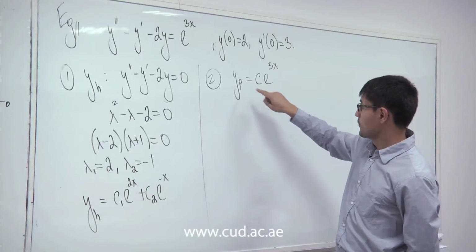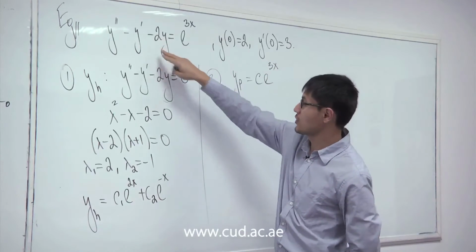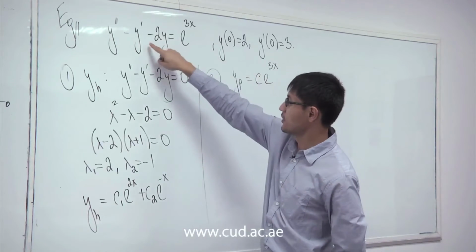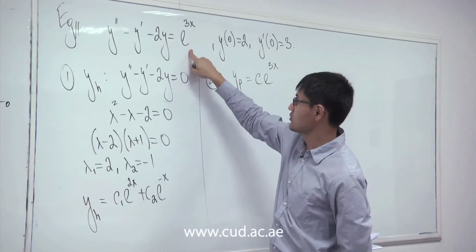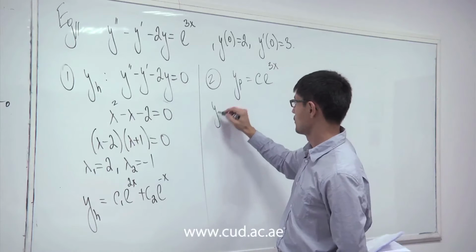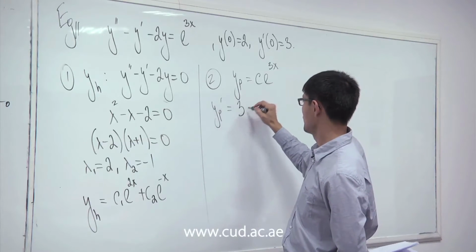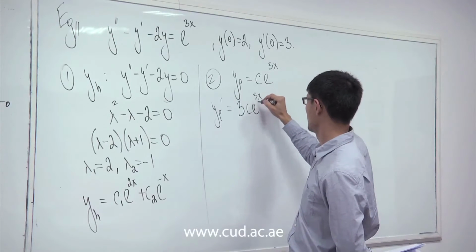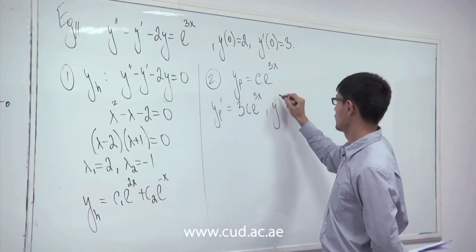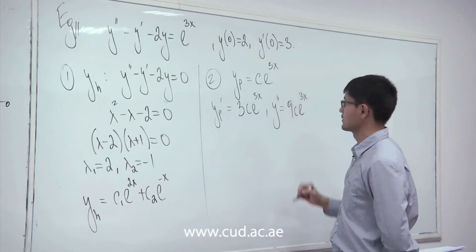Now, the idea is that this yp is supposed to be the solution of the differential equation. So if we plug it into the differential equation, the left-hand side has to be equal to the right-hand side. So let's do that. We need to know what's y'. So y' will be 3c e^(3x), and y'' would be 9c e^(3x).